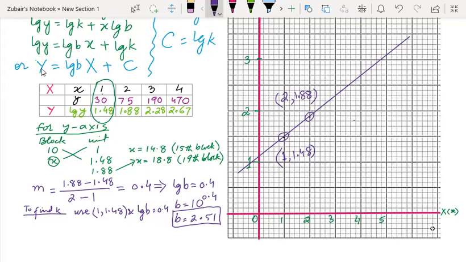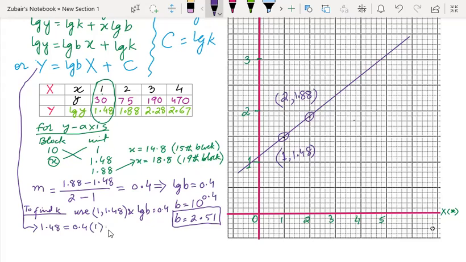So value of y will be 1.48 and lgb will be 0.4 and x will be 1. So now I'm going to put in this equation. So what is y? 1.48 is equal to lgb, means 0.4, and the value of x is 1 plus c.